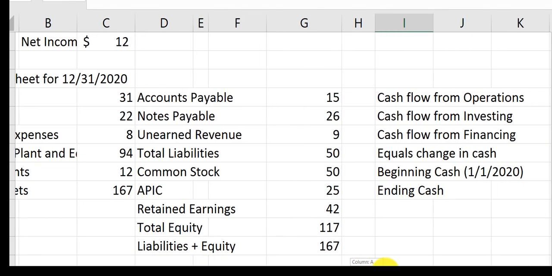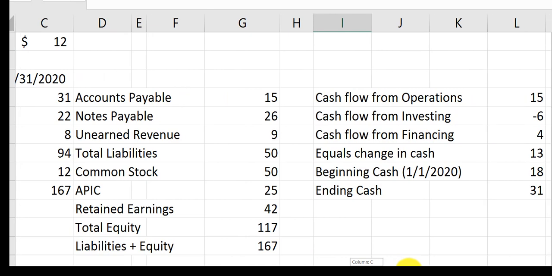Now, the last statement is typically cash flow. So a cash flow statement, again, is for the year 2020. All right, there are 3 sections: cash flow from operating, or not giving any detail at this point, investing, and financing. Those add up to the changing cash. All right, our beginning cash would have been from the balance sheet that I did not show you.